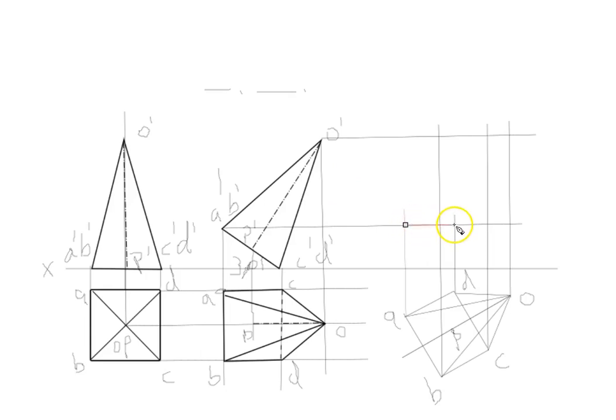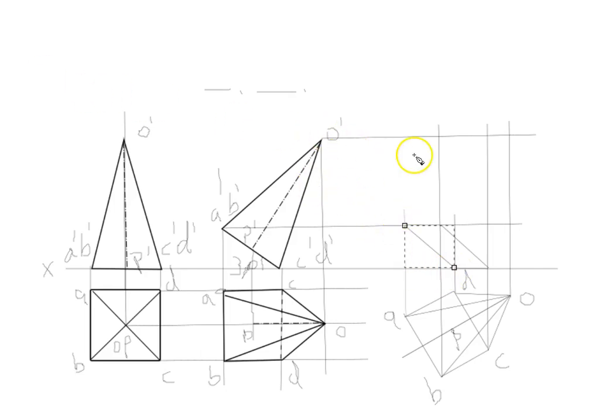This is A, this is B, and we can draw this point which is C, and this point which is D, and we can join the corresponding points, for example AB, C, D. So that is how the square is going to look.